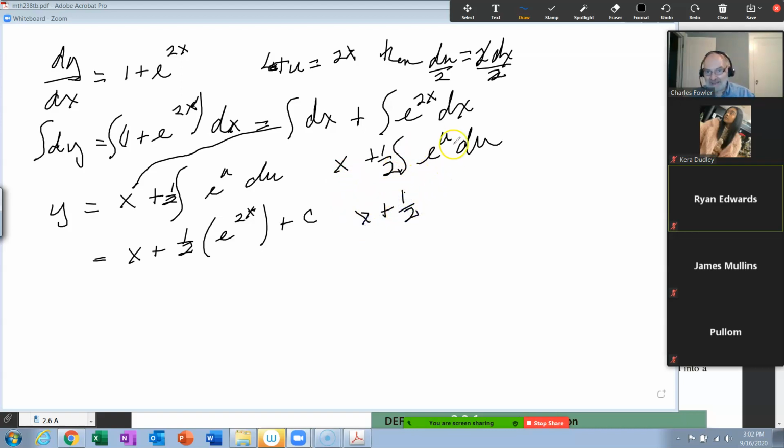Now, the antiderivative of e to the u is e to the u plus c. And you just plug back in, plus 1/2 e to the, and u is 2x, plus c, and that's your y. y as a function of x is simply that.